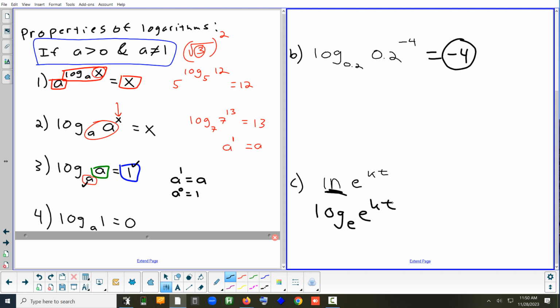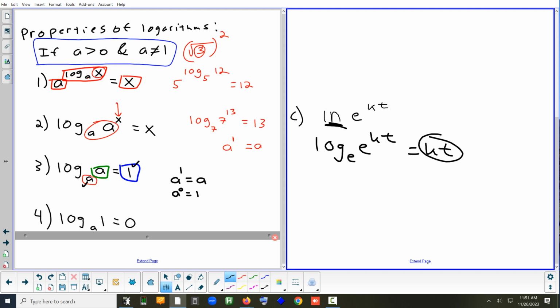Which property is that one now? The 2. It's the same property as the one up above. The base and the argument match. Okay. So what's your answer for that one? Just kt. We don't know what k times t is, but whatever k times t is, that's your answer. Any question on that one?